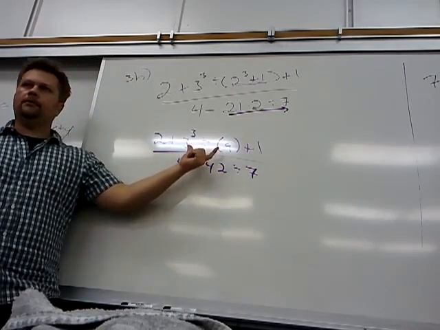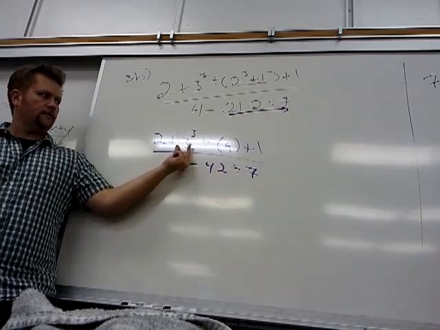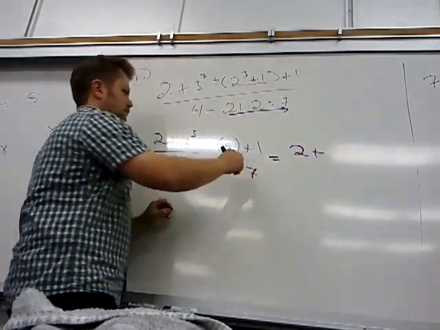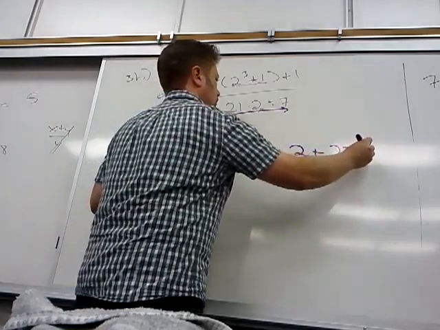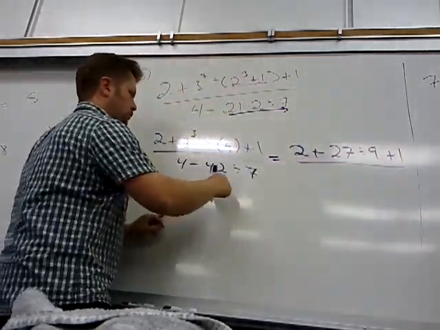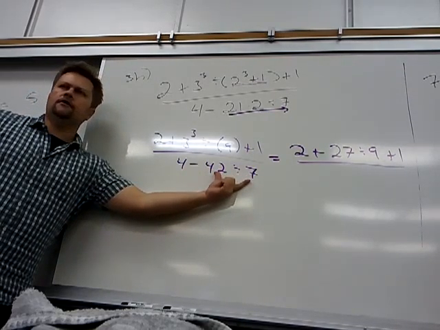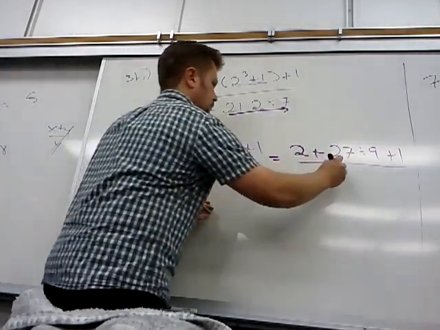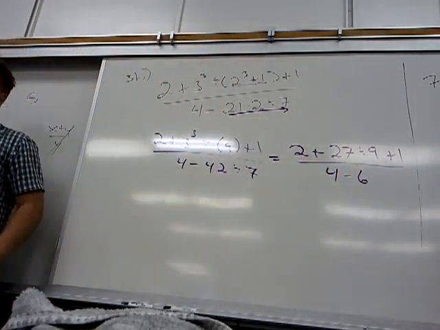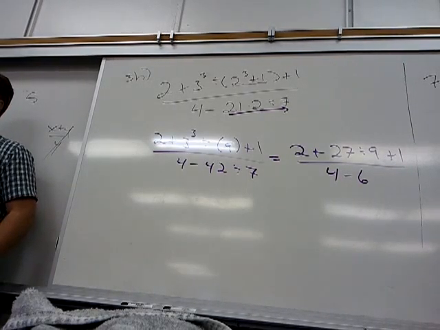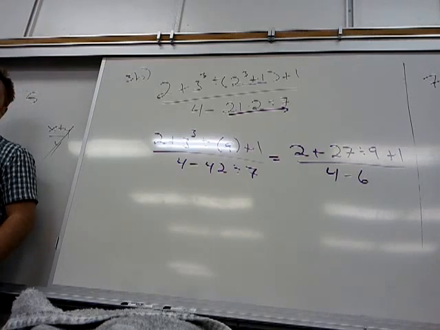So what do I do now on the top? The exponent. I love it. What's 3 cubed? 27. Very cool beans. On the bottom, divided by 7. 42 divided by 7, 6. Okay. So let me stop right there and let you guys absorb. So 6 over. So you divide 27 by 9.